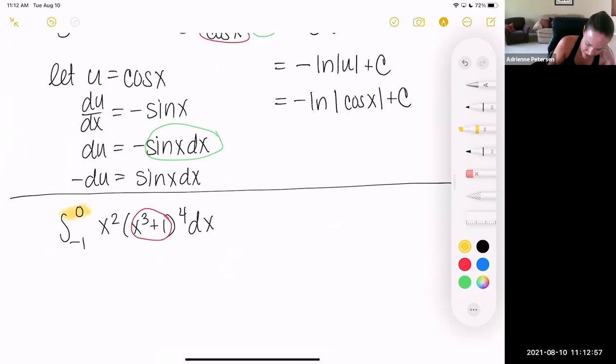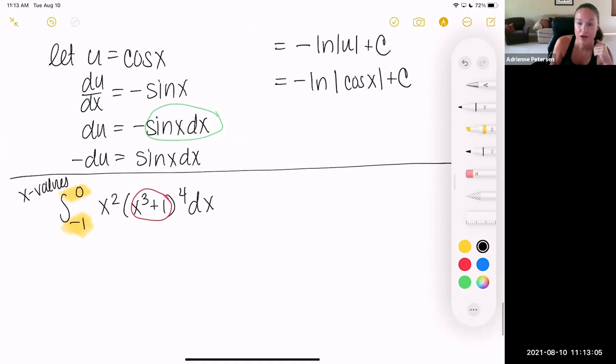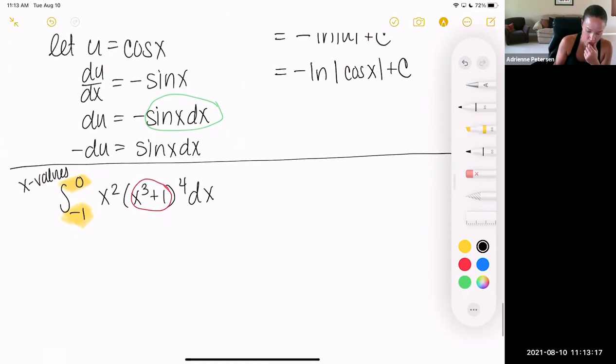The catch is these values, these are x values. So technically, when we do u substitution and rewrite the integrand, the part inside the integral, in terms of u, we cannot write from -1 to 0 because those are x values and those variables don't match up. So usually what we do is we take a step back and first we just work on the indefinite integral.